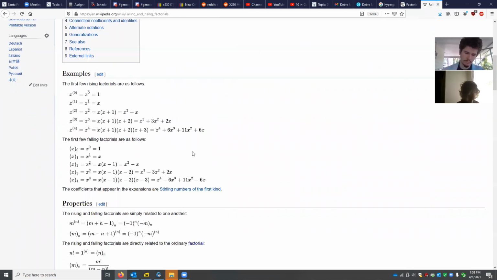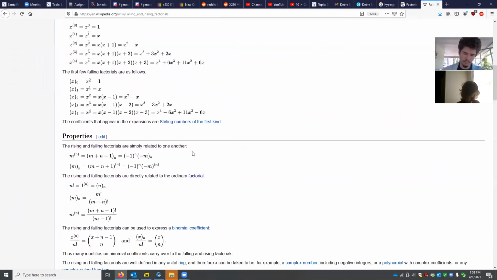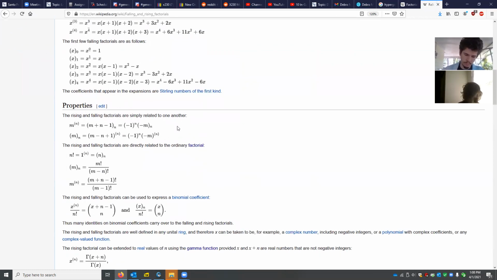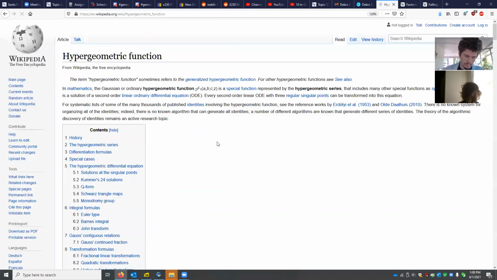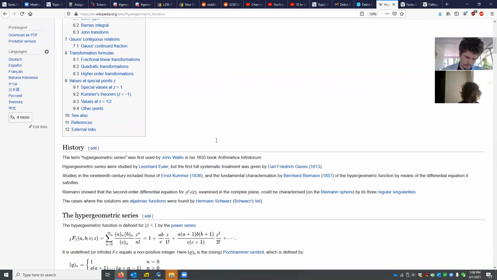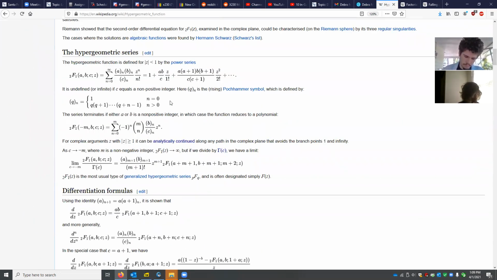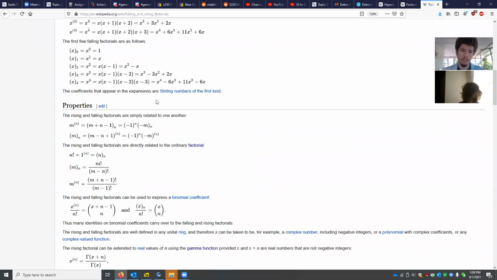That Pochhammer symbol is very useful, but you guys won't need it. However, if you want to learn more about these things, then that is a good place to look. And then hypergeometric functions are power series built out of Pochhammer symbols. So each of this a sub n thing here, b sub n thing here, and c sub n thing here, those are Pochhammer symbols, like this.